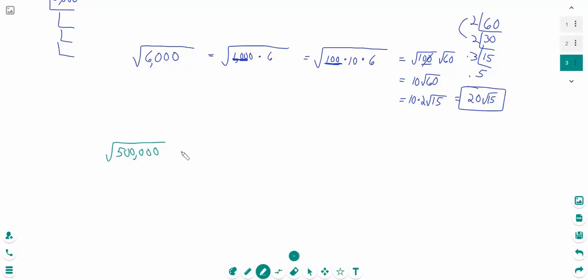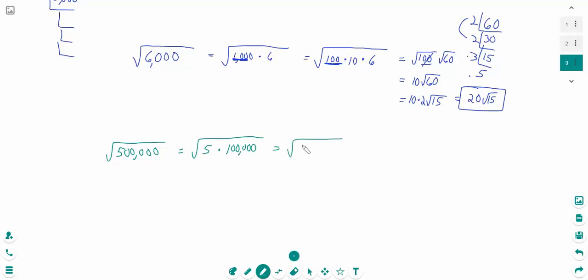All right, so again, we're going to try to break this down, and I might start by breaking it down into a 5 times 100,000, right? 5 times 100,000 is going to be 500,000, but that needs to be broken down further because this has an odd number of zeros.